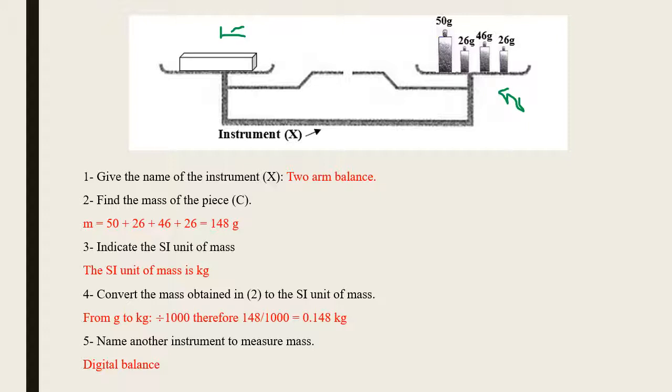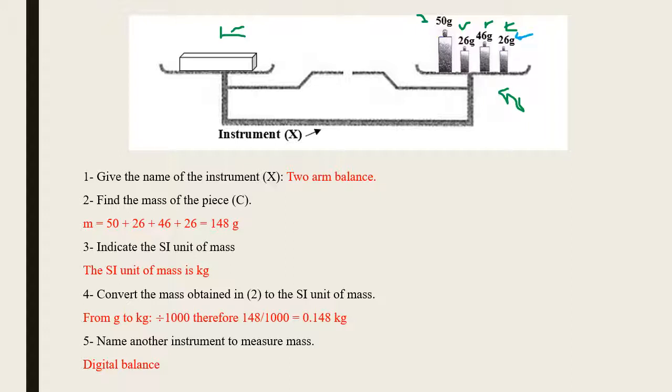Remember, whenever we find the mass, you always have to write M equals, mass is M. M equals 50 plus 26 plus 46 plus 26. So what's 50 plus 26 plus 46 plus 26? This is 148 grams. Please always write units, because we've got grams here.